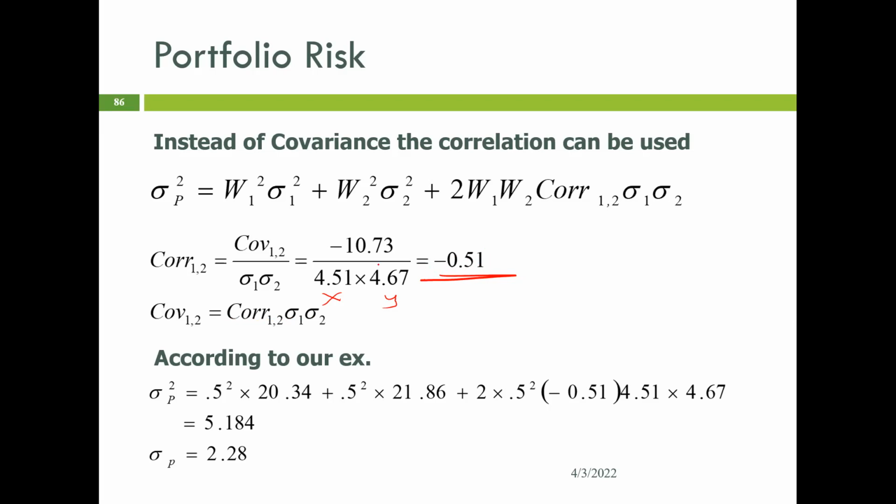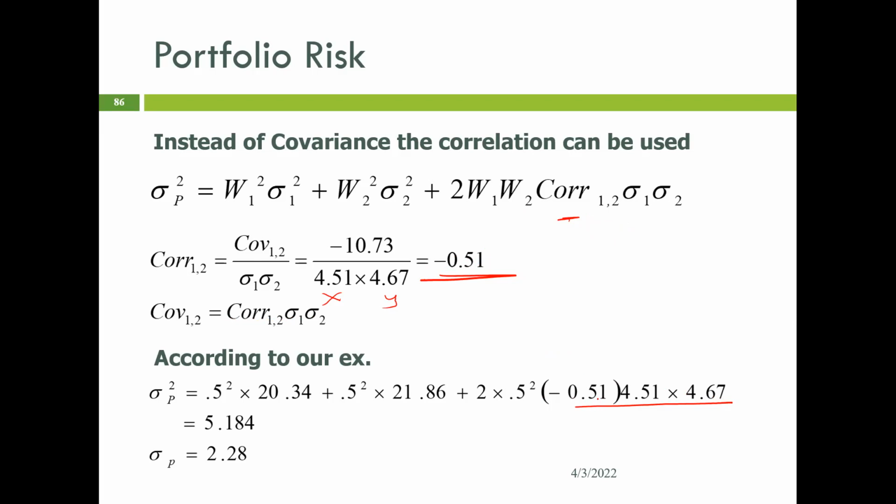Again, you can now apply this correlation coefficient to the double summation equation. Simply, you can see you are getting the same answer. Instead of the covariance, you are applying this part in the double summation equation.